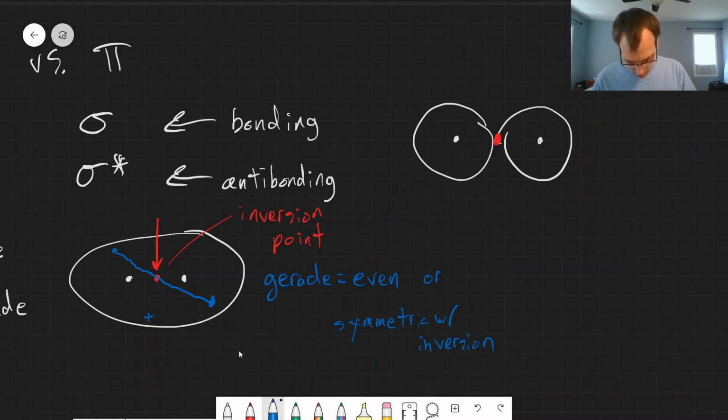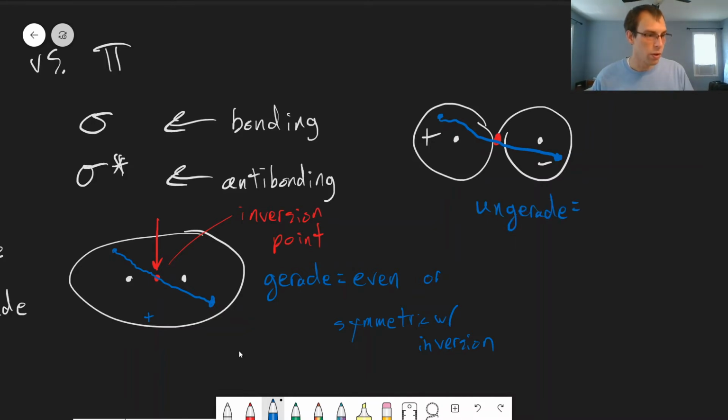One side here is positive, one side's negative. If we take that same point and go from here to here, now we switch signs. We go from positive to negative. And this is ungerade, or we would say odd, or antisymmetric with respect to inversion. Okay, and so a sigma bonding orbital is sometimes labeled a sigma G orbital, and a sigma antibonding orbital is sometimes labeled as a sigma U orbital to indicate this.